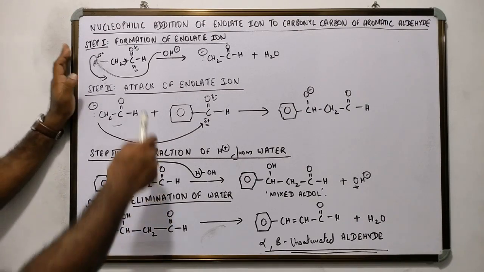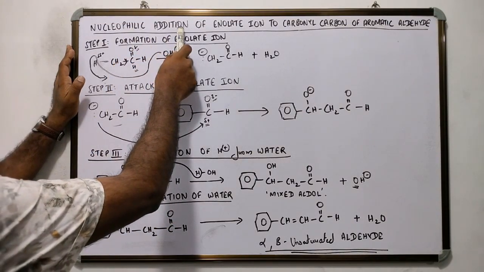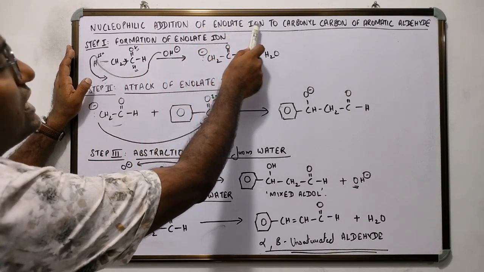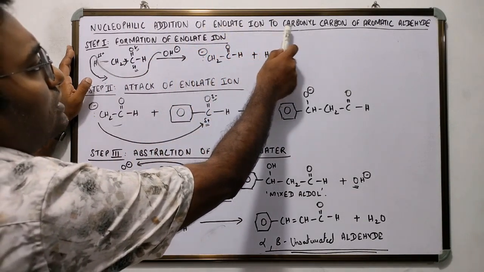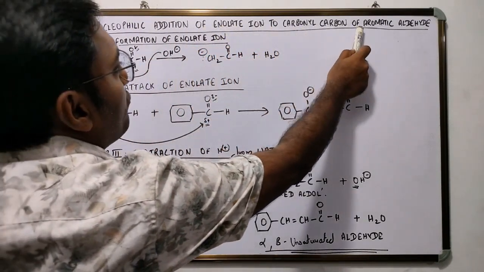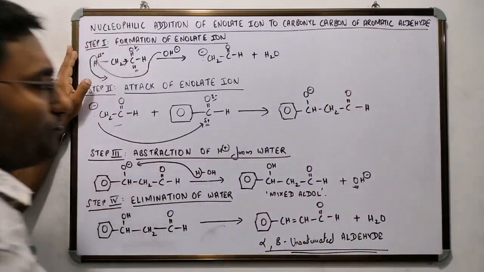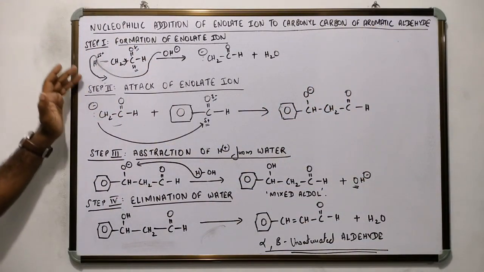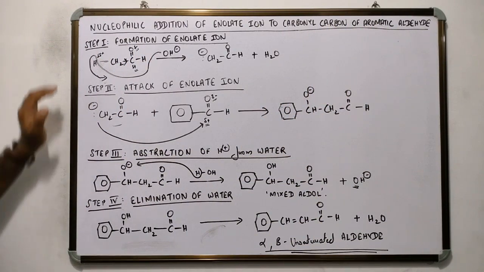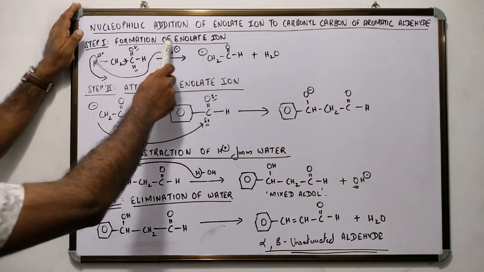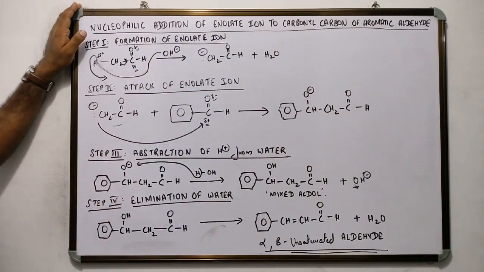The mechanism is nucleophilic addition of enolate ion to the carbonyl carbon of aromatic aldehyde. There are 4 steps in this mechanism. Step number 1, formation of enolate ion.